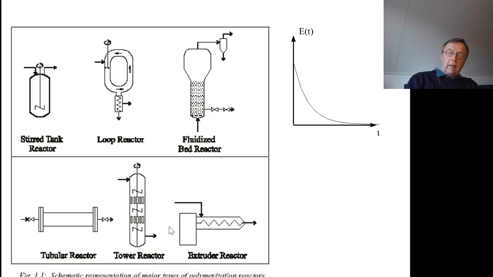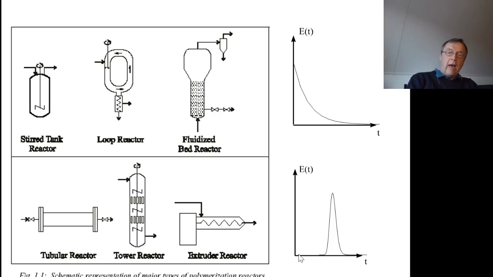For the other group shown in the lower part of the slide, we find something completely different, but again similar within this family of reactors. We find a very narrow probability function that describes the probability for the reaction mixture to stay inside a reactor. So we call this plug flow tube behavior.